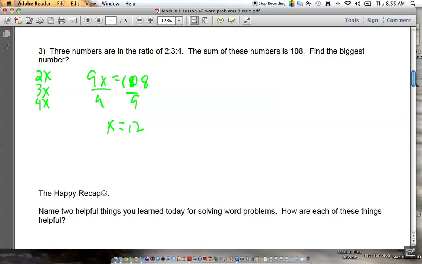But yes, you do. Find the biggest number. Based on how some of you did your quiz, you would write, the biggest number is 4x. All right? The biggest number is 4x, but x is 12, so the answer is 48.